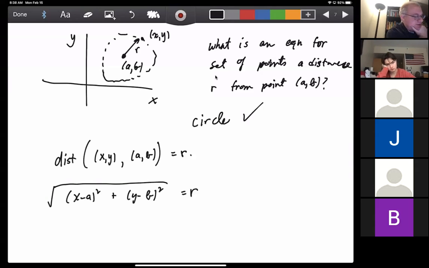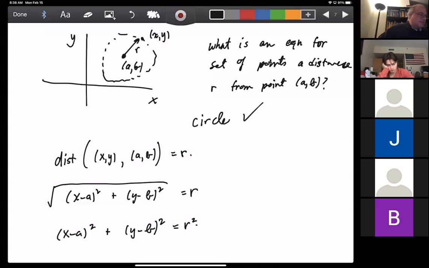And it's traditional to square both sides here, to get the equation of a circle. Okay, so do you guys remember seeing this at some point? Hopefully, it's not totally unfamiliar.